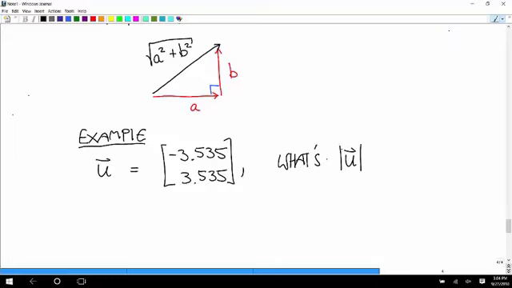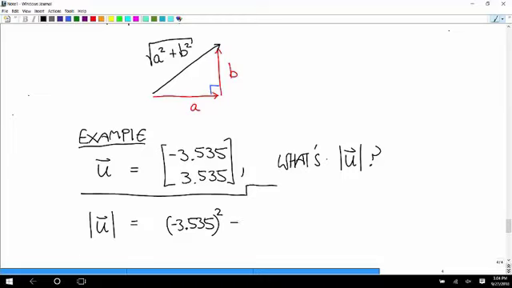What's the magnitude of that vector? So that would be, so square negative 3.535. The negative goes away when you do that. And add that to the y component squared. And take the square root. 5.